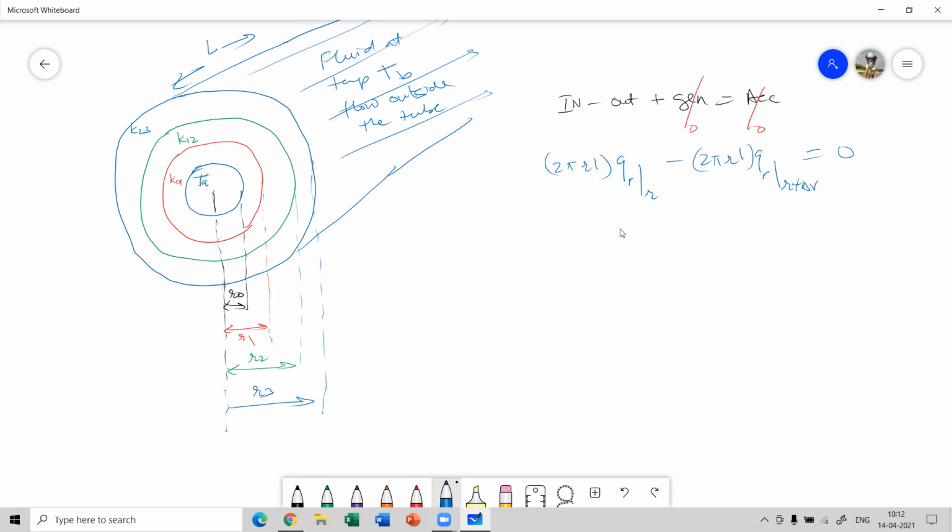So if you divide by 2 pi L delta R and take the limit delta R approaches 0, we end up with d by dr of r Qr equal to 0.